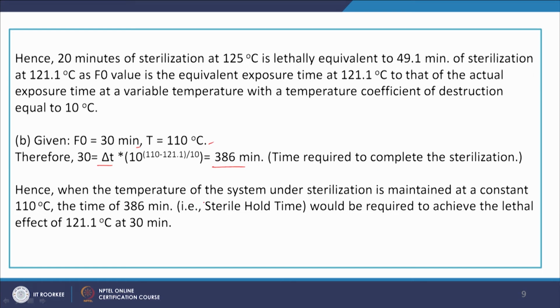Hence, when the temperature of the system under sterilization is maintained at a constant 110 degree centigrade, 386 minutes would be required to achieve the lethal effect of 30 minutes at 121.1 degree centigrade. So, the sterilization has to be made for 386 minutes to get the same impact.